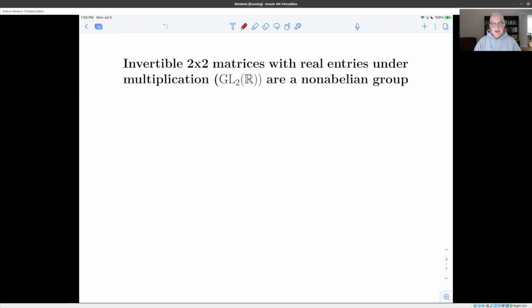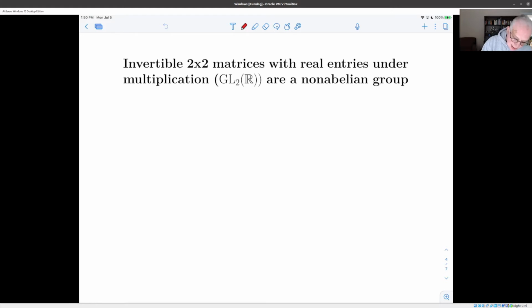Now we're going to define another group which has matrices at its core. It's again going to be 2 by 2 matrices with real entries, but not all of them. And the group operation is going to be matrix multiplication.